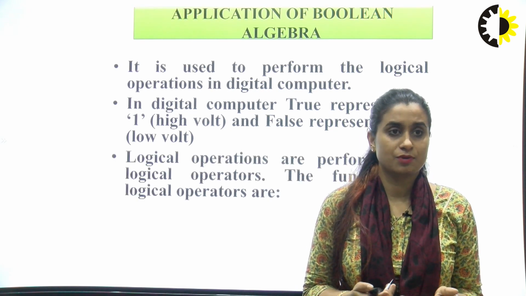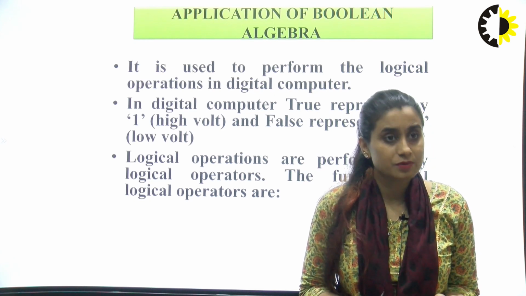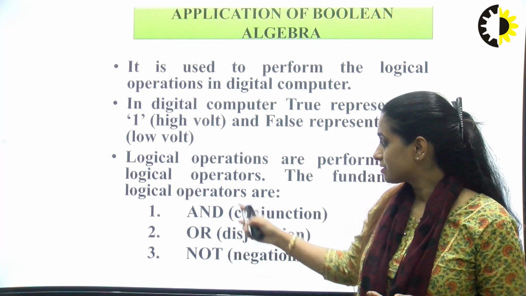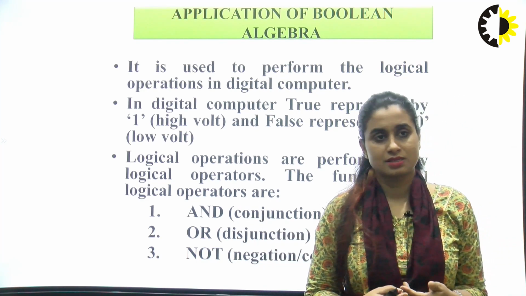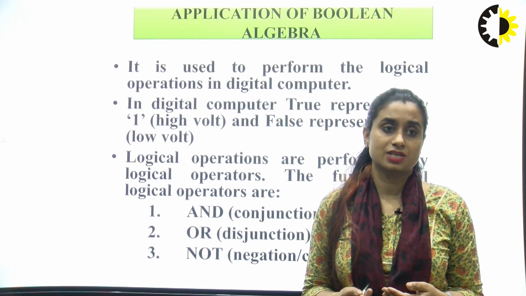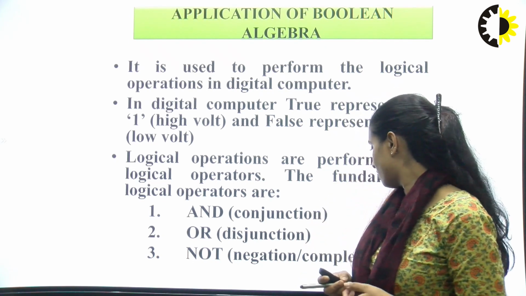Logical operations are performed using logical operators, and these are my three basic logical operators: AND, which is also called conjunction, OR, which is also called disjunction, and NOT, which is negation or complement.